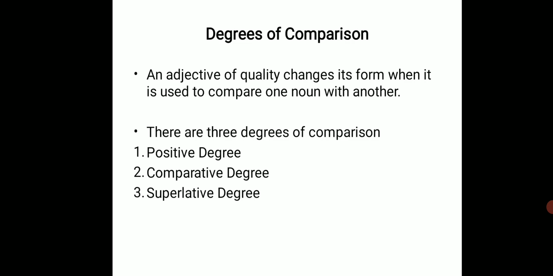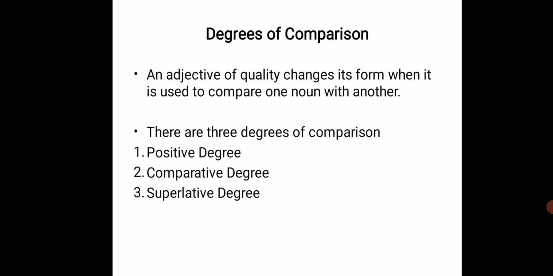So comparison arises when there are more than one person or object. Superlative degree is what qualifies an object or a person as the best or the highest without any comparison. So this is how we have three degrees of comparison: positive, comparative and superlative.